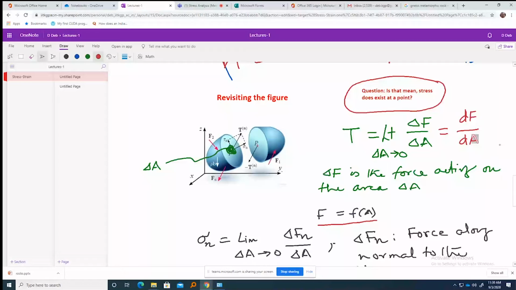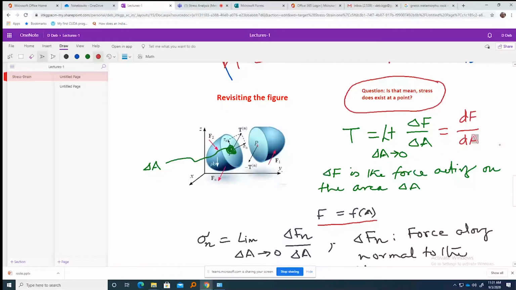Now let me give you an example, or let me ask you a question. Let's say you are now at home and your mom asks you to nail a pin in the wall, so that a calendar or some photograph can be hung.